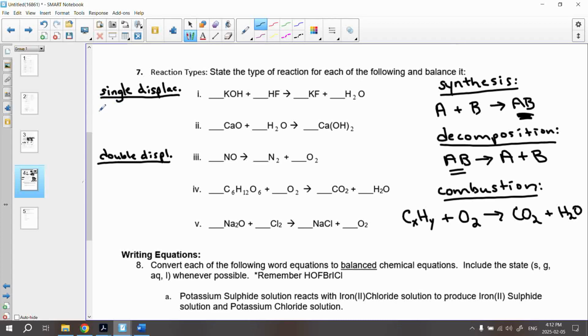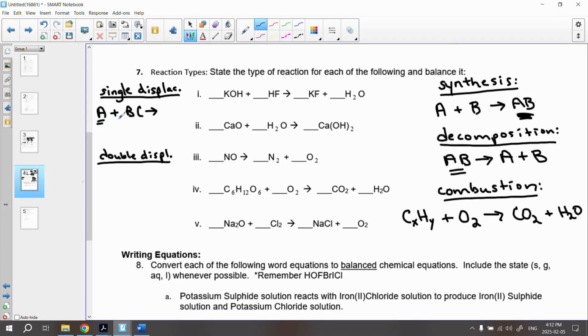So in a single displacement, you've got an element, so something that's not a compound, like just say pure copper or pure oxygen, not combined with any other element. So you've got an element plus a compound, and the element switches places with something in the compound.